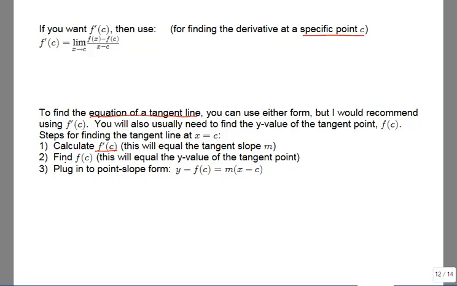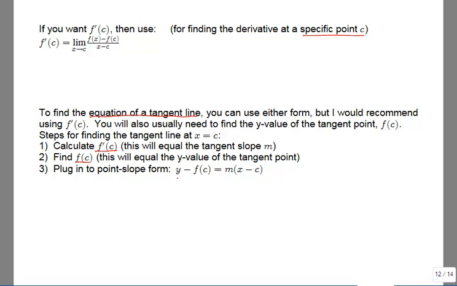Then you're going to need to find f of c. That'll be your y value of your tangent point. Sometimes they'll give that to you, sometimes they won't. If they just give you x, then you need to take that and plug it into your function to find the y. Once you know your y and your slope, then you're just going to plug it into your point slope form. And this is, again, something you want to have memorized.